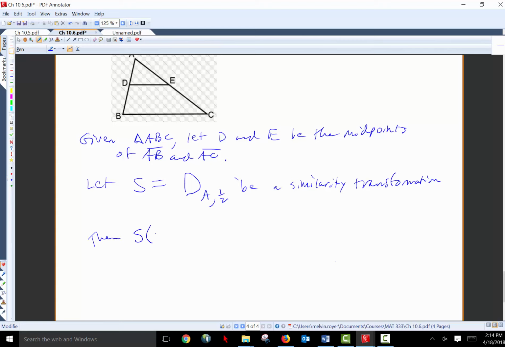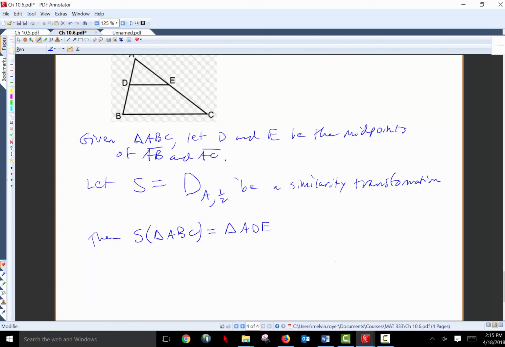And then what happens to triangle ABC under this dilation? A is the center point, so A doesn't move. Center of a dilation doesn't move, and then everybody else is going to get sucked down half its distance, and so triangle ABC, sure enough, is going to get dilated down exactly to triangle ADE. But we know that similarity transformations take triangles to similar triangles.